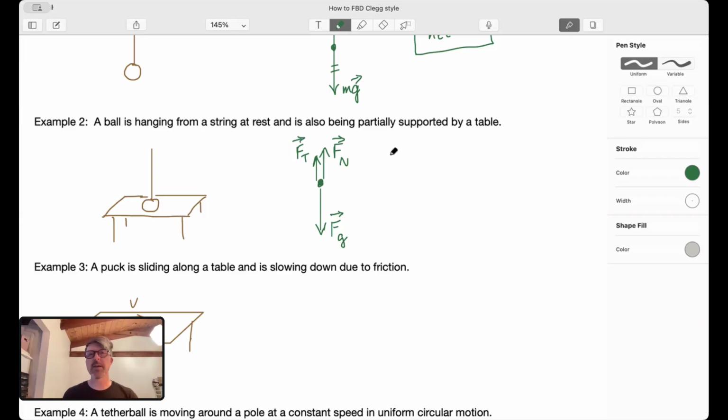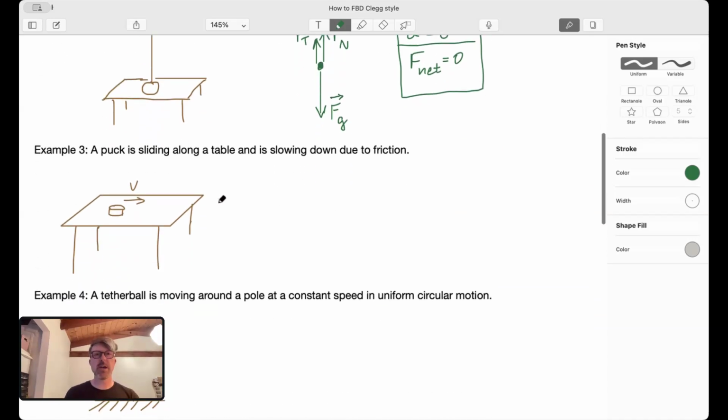How do I know that? I got ahead of myself a little bit here. Let's take a look. We have no acceleration still, and therefore we have no net force. And since we have no net force, we know that the up forces and the down forces have to add up to the same. So that's how I know that the two up forces have to add up to the down force. All right, we're going to go down to the next one.